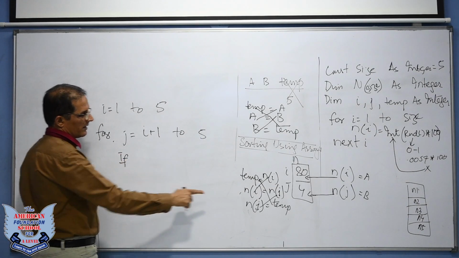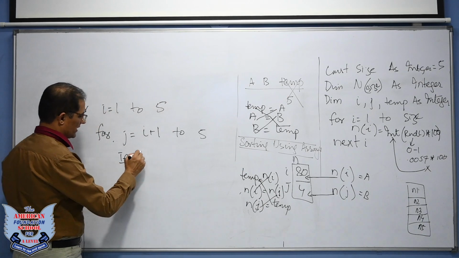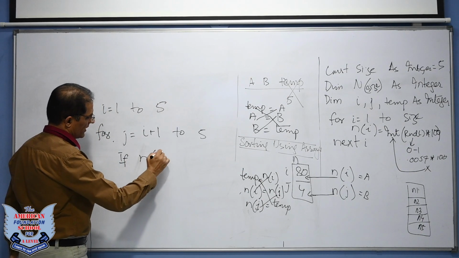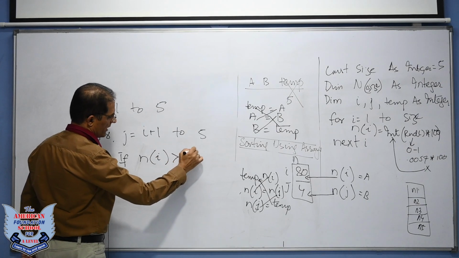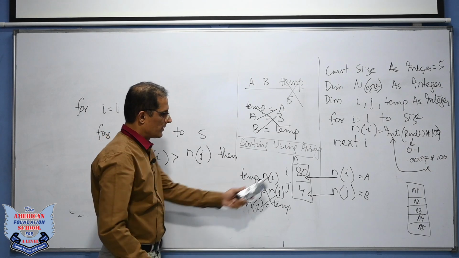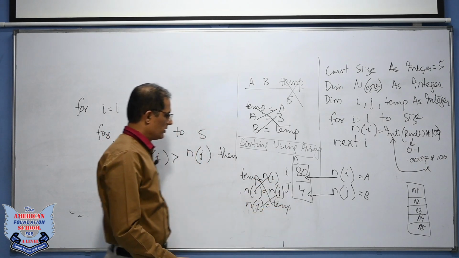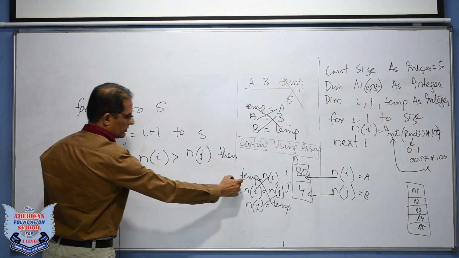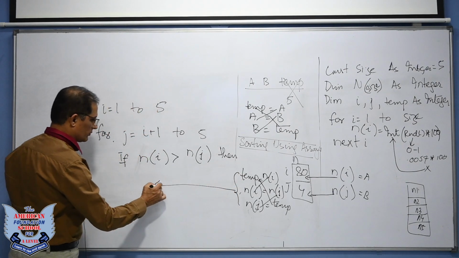If the number on the top is above, that means if n of I is more than n of j, then what? That means the upper number is bigger than the lower number. What to do in that case? Then we need to swap, and that's the program for the swapping that would come here.